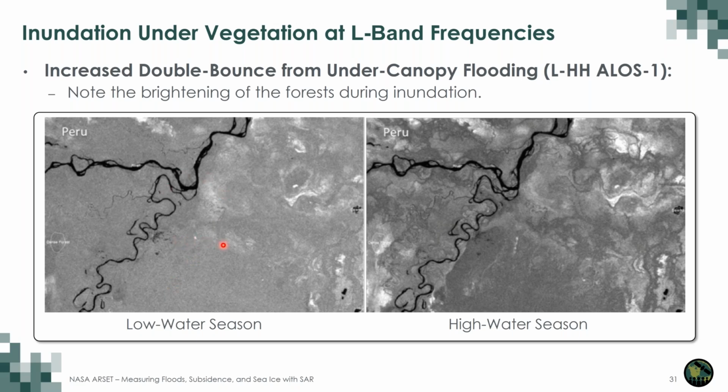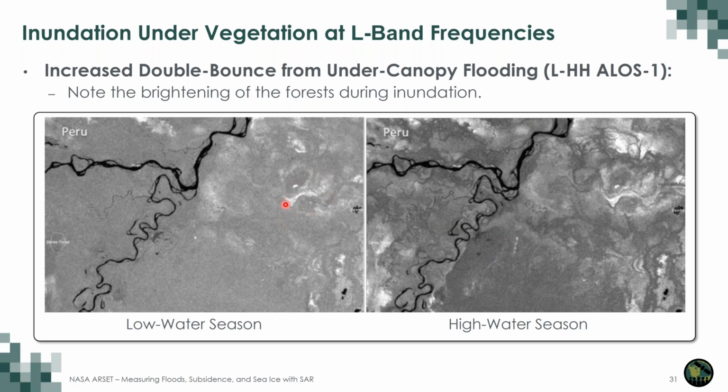The left data set is acquired during the dry season, where the water under the vegetation is fairly limited. And on the right-hand side is a data set acquired during the wet season, where we have more water under vegetation. In both cases, you can see that there's some water present in both dates.